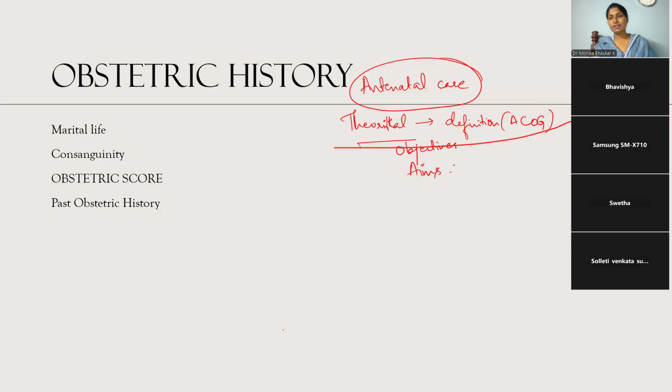So the first important aim and objective of antenatal care is to stratify the risk of the pregnant woman. I will be sharing the FOGSI guidelines. They have clearly told that there are certain risk criteria during the present pregnancy or during the past pregnancy, which categorize the woman into a low risk category or a high risk category. So this is very important.